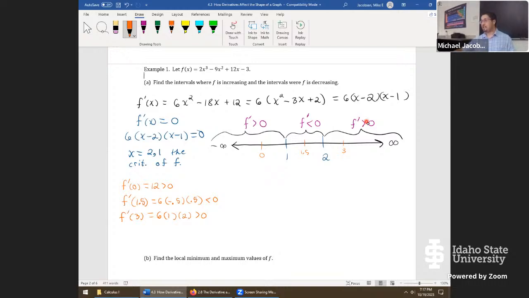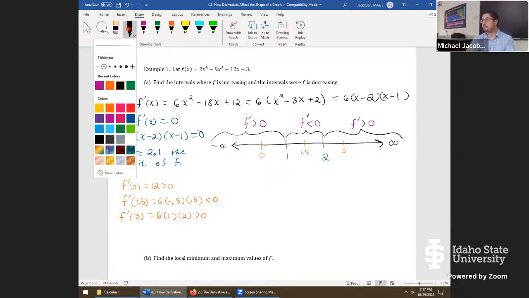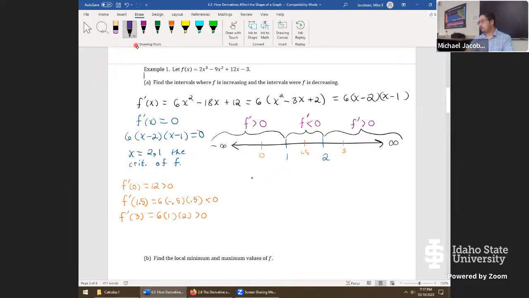Okay, so to summarize, we cranked out the derivative, we set it to 0 and we solved it. We found 2 critical numbers, and all we've done is test the sign of the derivative at each one of these intervals. But now the increasing decreasing test can be used. Let's say here for our conclusion, f, we're referring to this function now, not its derivative.